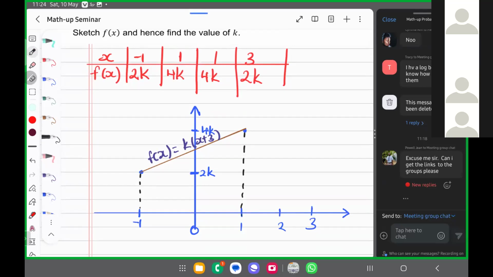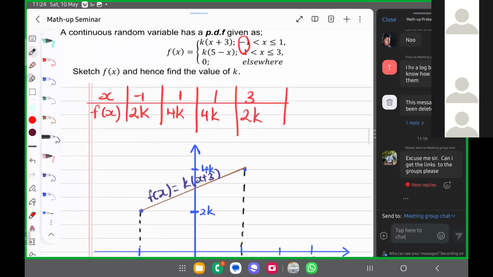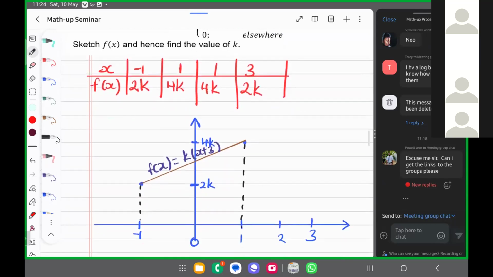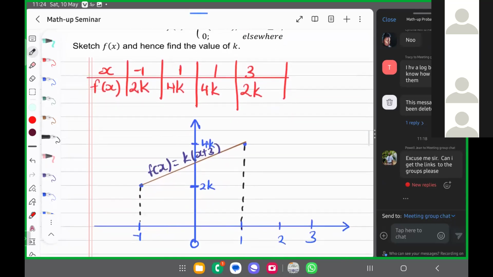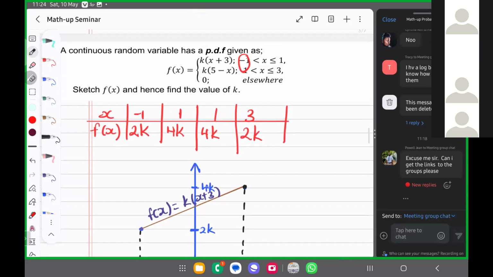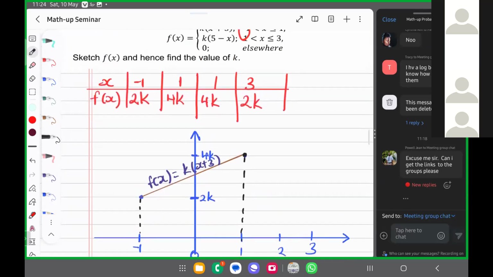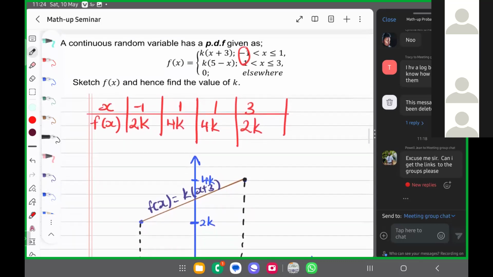That's our first function. Then the next function, for the range 1 less than x less than or equal to 3, when x is equal to 1, we still remain with 4k. So I don't have to plot, I'll just consider that very point. Then when x is equal to 3, we have 2k.